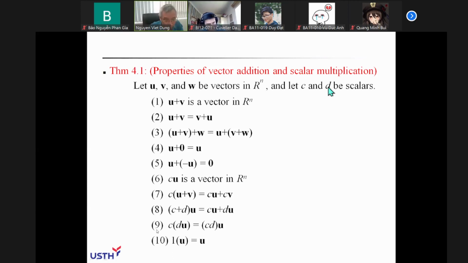And number 9 says if we multiply d by u first and then multiply by c, it equals multiplying the two numbers c and d first and then multiplying by the vector u. And property number 10 says if you take the number 1 and multiply by the vector u, nothing changes, you obtain again the vector u. So we have 10 properties, and we are going to use them in the next few slides.